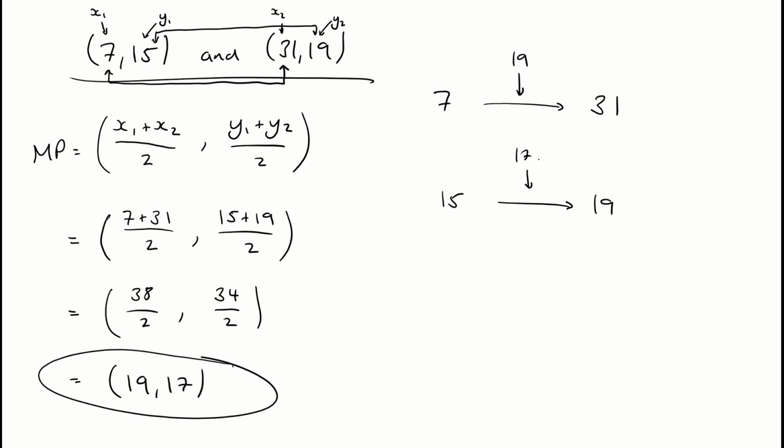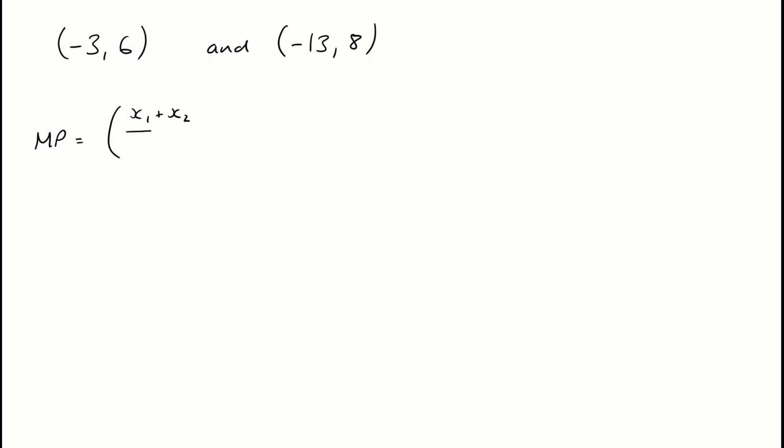We'll do one more example using this formula, and we'll start to introduce some negative coordinates, okay, just to cover all bases. So let's take a look at the point -3, 6, and we'll take the next point -13, 8. Okay, and remember our midpoint, what we're doing is we take the average of our horizontal component, or our x coordinates, and we take the average of our y coordinates here.